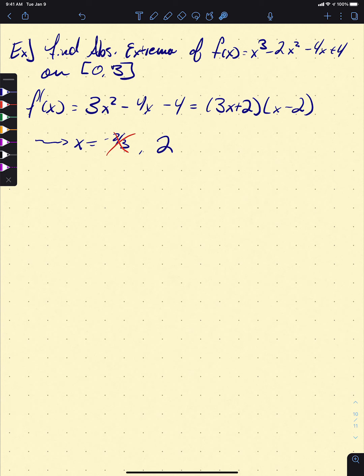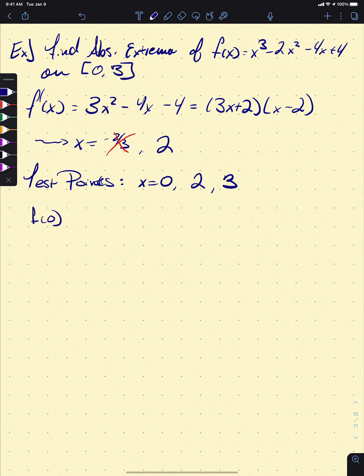And then from here, once again, we can write down our test points. It's a T, not an F, test points. And well, we have the boundary, which is x equals 0. We have our interior point, the local extrema, which is x equals 2, and then we have 3.